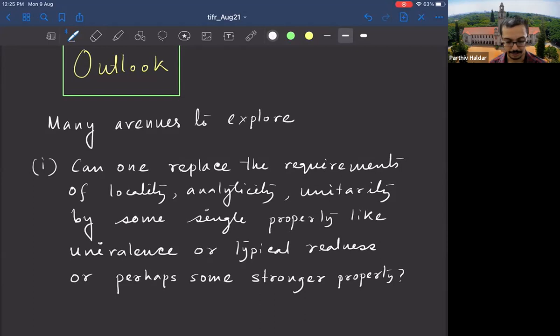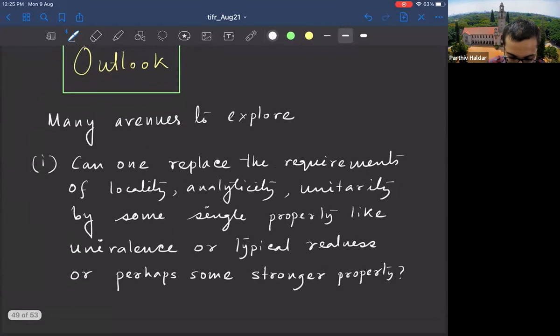Or if not replace, at least you can supplement certain aspects of these properties with such a property. At a philosophical level, it would be a reformulation of the physical principle, and you can ask whether such properties can be promoted to the status of a physical principle.